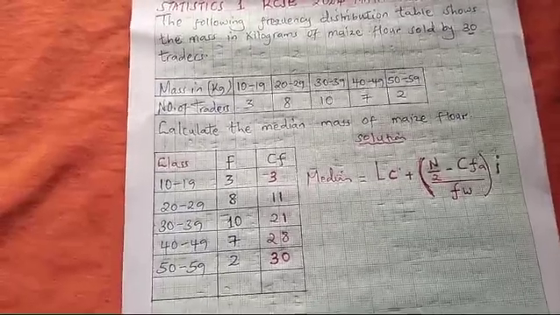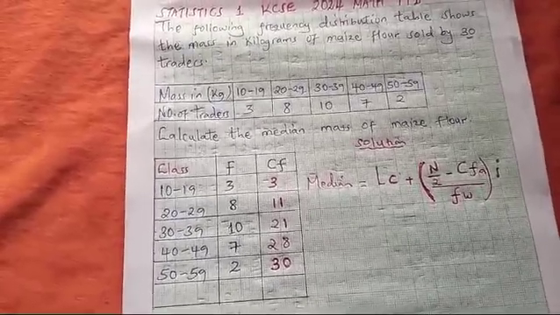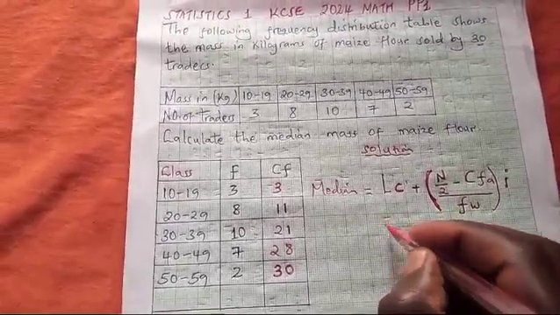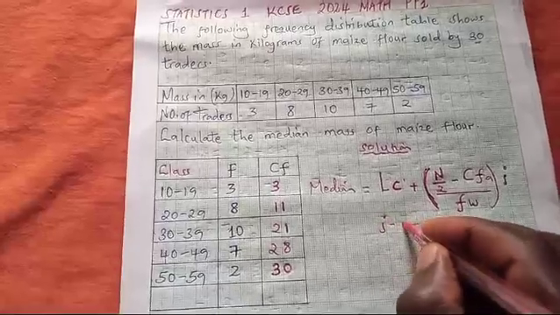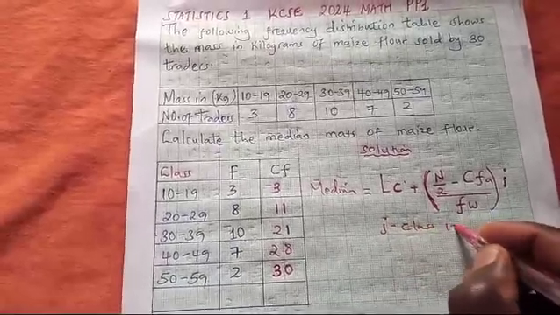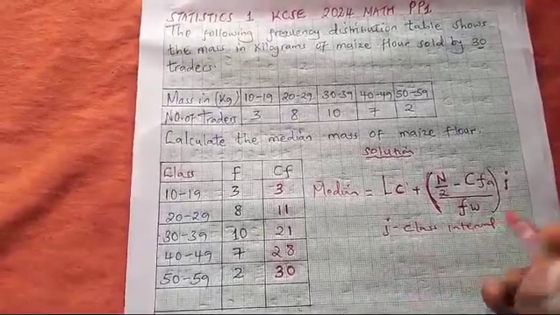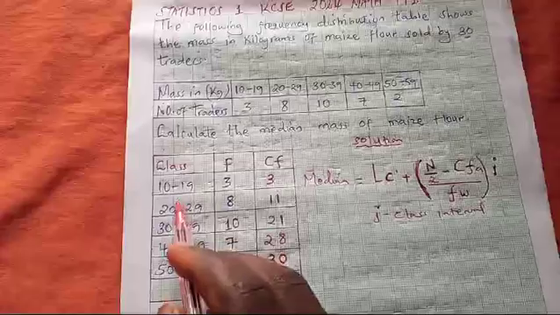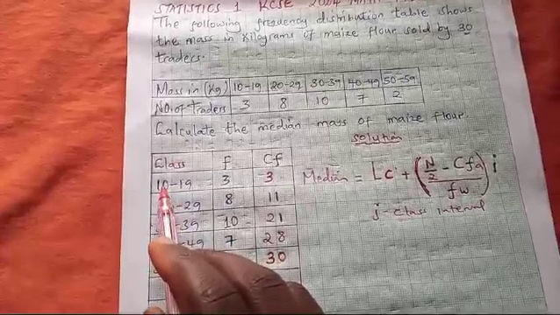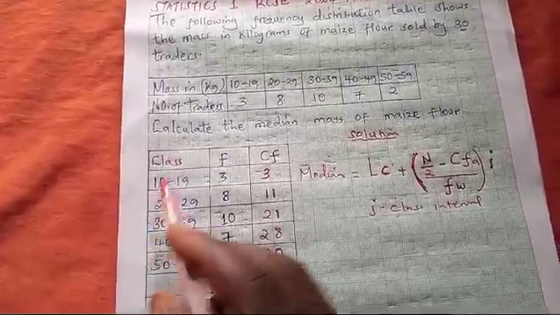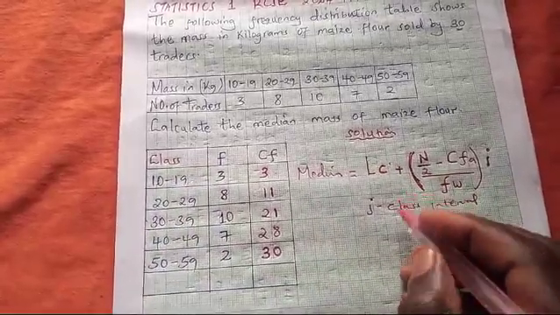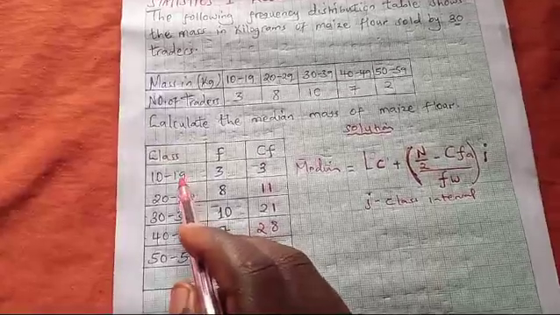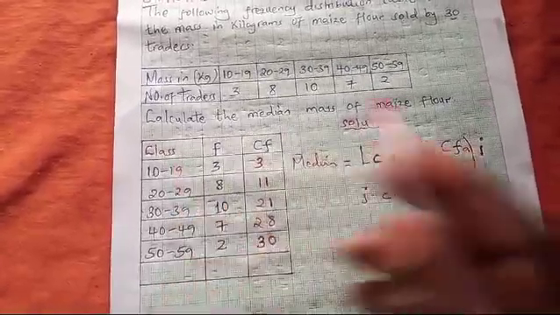How are we going to calculate the I? I stands for the class interval. We take the lower limit of 10, which is in fact 9.5, and the upper limit in this class, which is in fact 19.5.